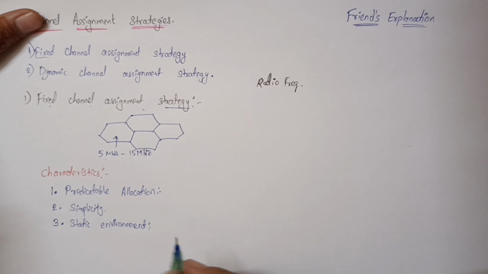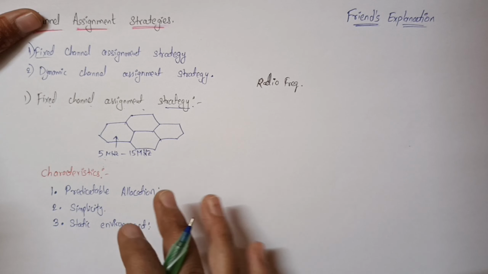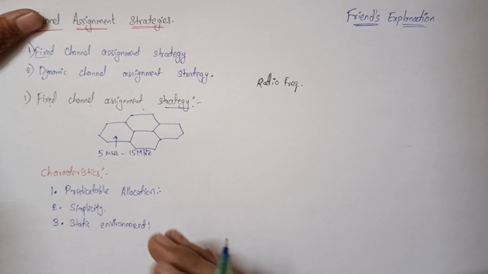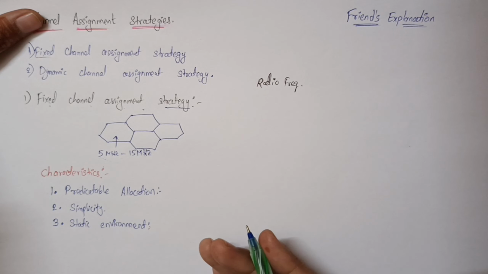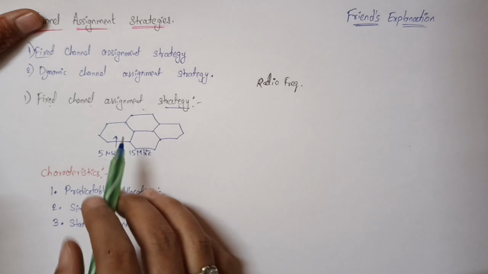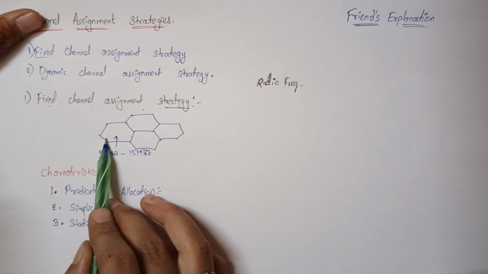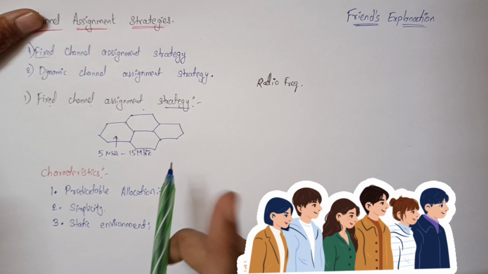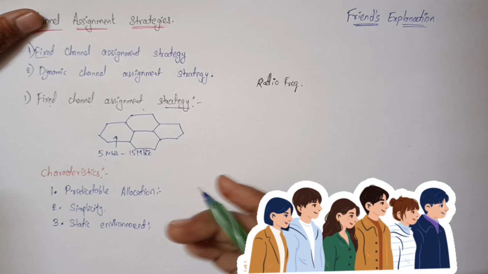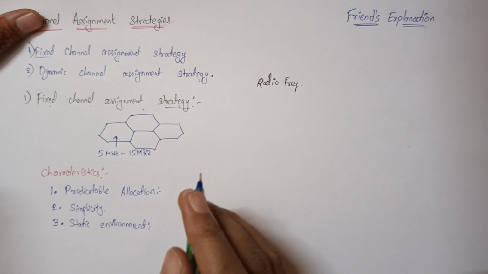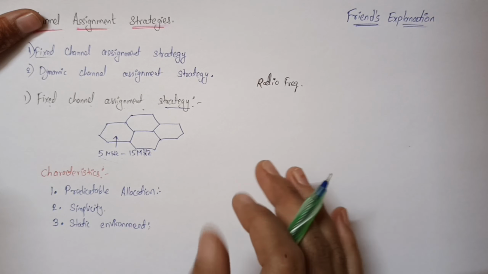Why static environment? This fixed channel assignment is suitable for network environments with relatively stable and predictable traffic patterns. What is meant by stable and predictable traffic patterns? It is assumed that the number of people living in one cell will not decrease or increase. That is called stable traffic.